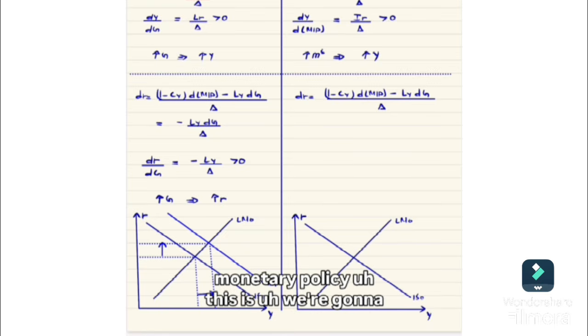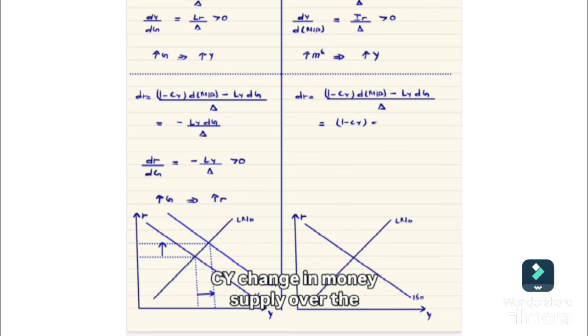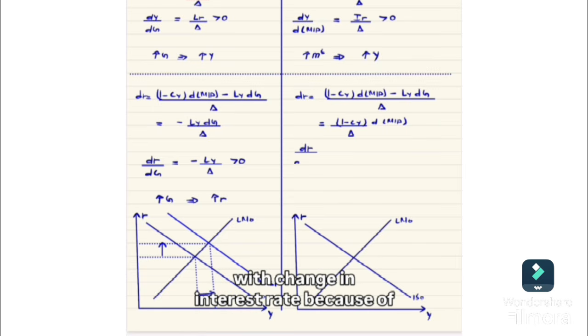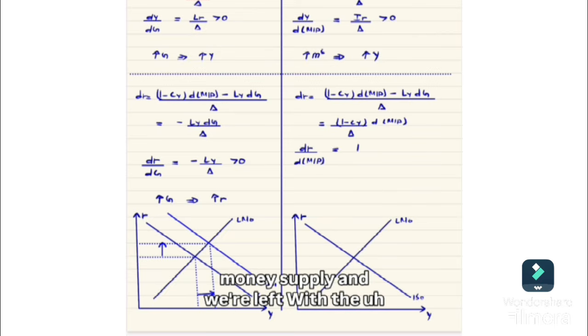So we're left with 1 minus cy, change in money supply, over the determinant of matrix A, and we're left with the change in interest rate because of a change in money supply, with a numerator which is positive and a denominator which is negative. Therefore, we have a negative relationship, which means a rise in money supply should actually lead to a fall in the interest rate.